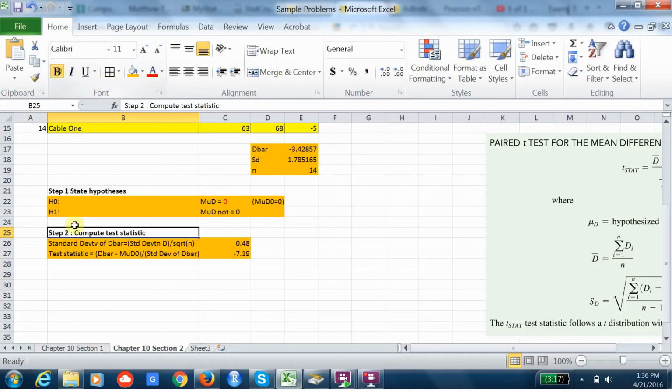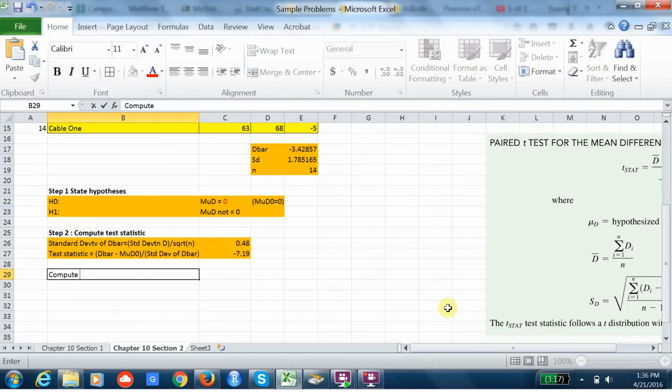Okay, now we want to compute the p-value. So this is our step 3. And again, we're going to take two things in mind.